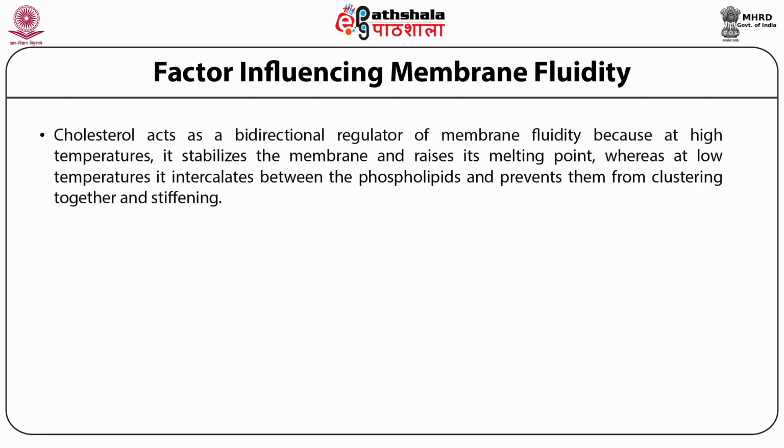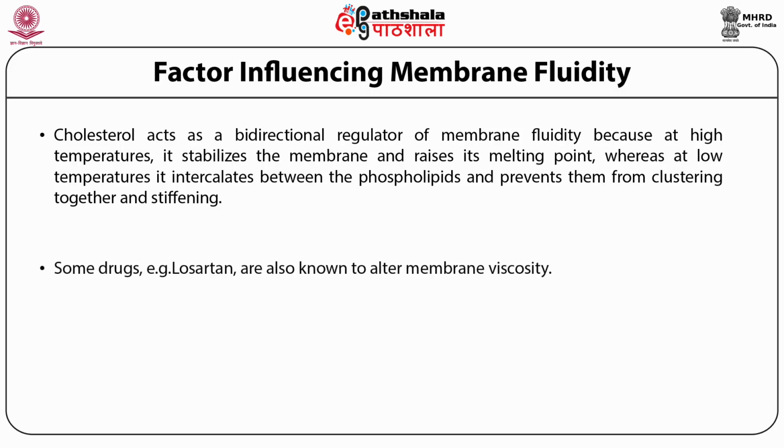Cholesterol acts as a bidirectional regulator of membrane fluidity because at high temperature it stabilizes the membrane and raises its melting point, whereas at low temperature it interacts with the phospholipids and prevents them from clustering together and stiffening.